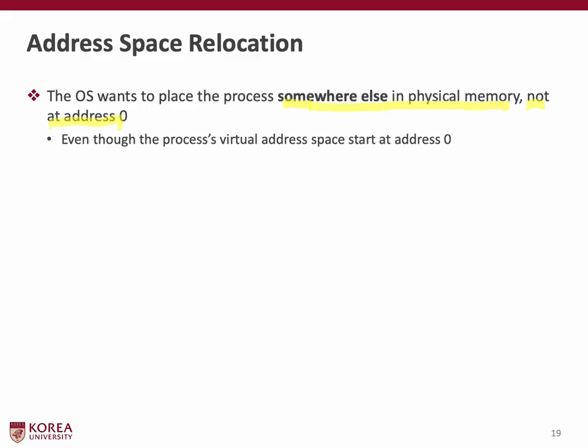Therefore, the operating system has to place the process somewhere else in physical memory. We call this behavior address space relocation, because the process thinks it starts at address 0 in virtual memory, but in reality it is relocated to a different address in physical memory.